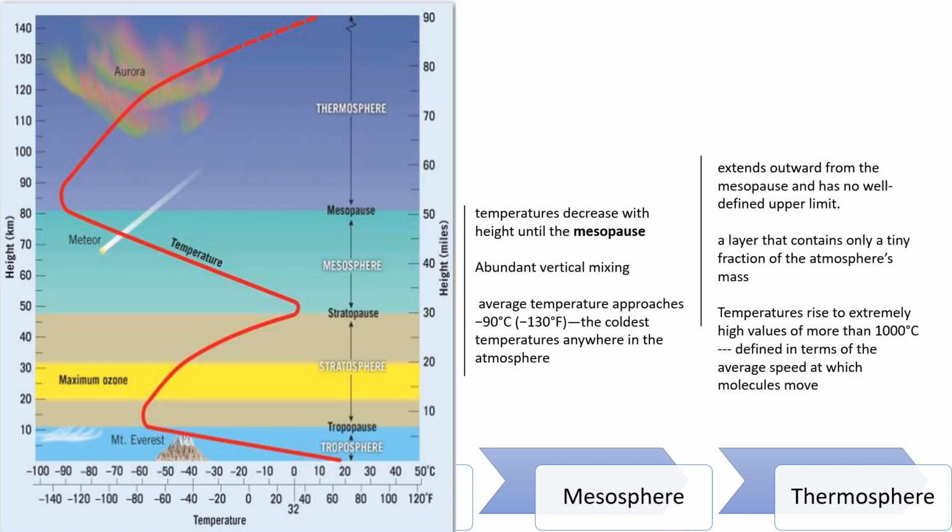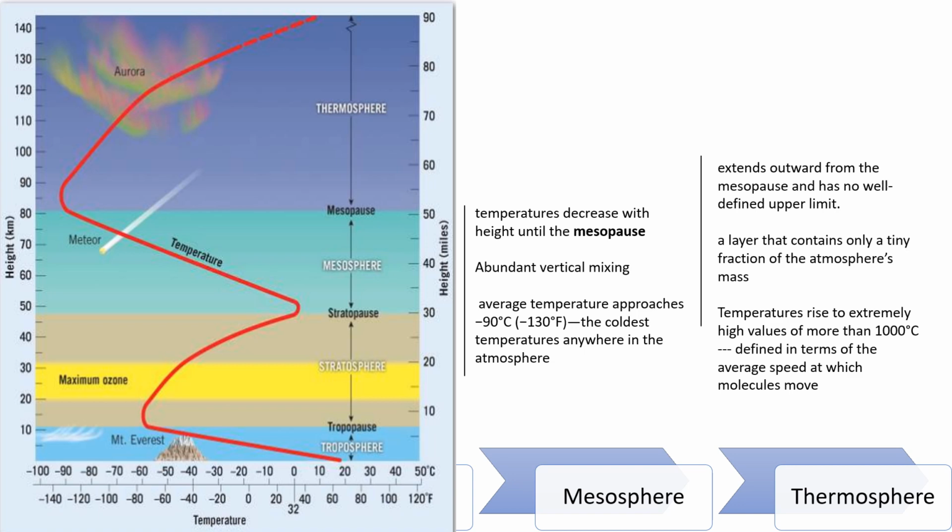So that's why the temperature again increases, as the oxygen and nitrogen atoms absorb very short wave, high energy solar radiation. But since the temperature is defined in terms of average speed, it is not comparable to the temperature that we experience near the Earth's surface.